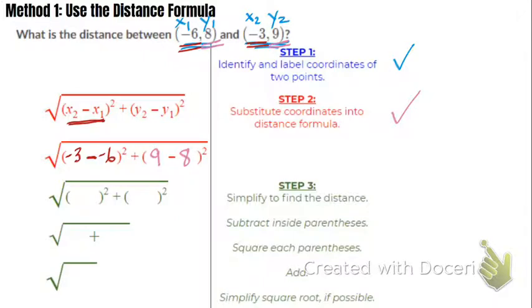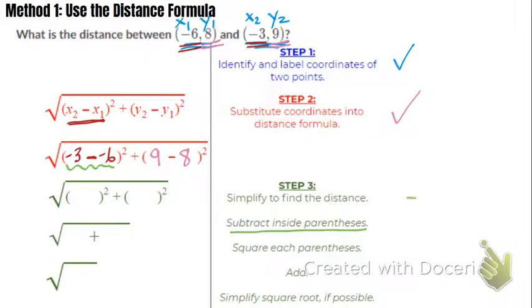Now I'm going to move on to step 3, which is just simplifying everything under that square root. So the first thing I'm going to do is subtract inside each set of parentheses. If I look at that first set of parentheses, I have -3 minus -6.